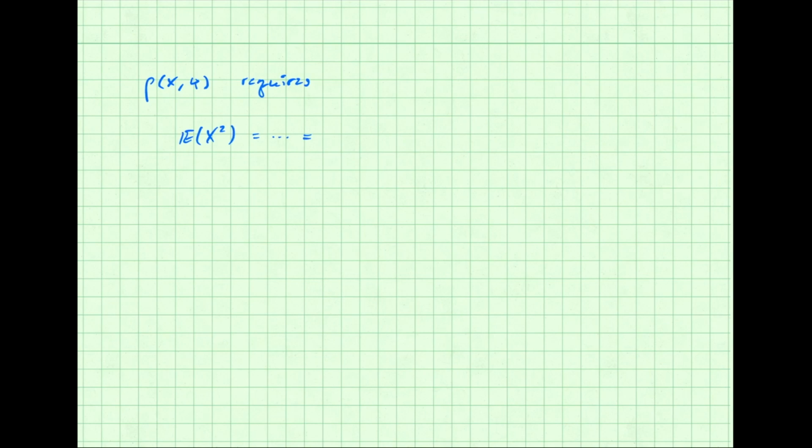And what you'll get, and you'll see this calculation done in the notes, is 8/5. And that tells you that the variance, when you use the expected value of x, you can then find the variance of x is equal to 71 over 225.